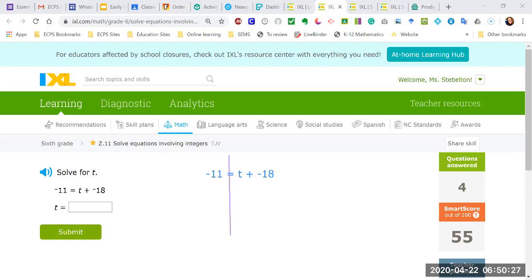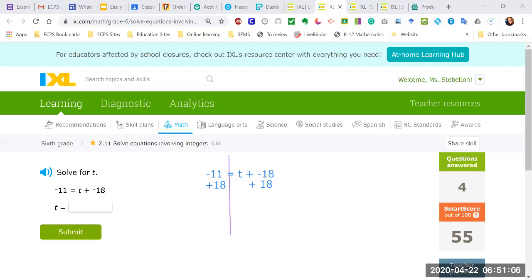To get rid of a negative, remember, any number and its opposite together equals 0. So we're going to add a positive 18, because negative 18 and positive 18 together give us 0. On the other side, we have to do the same thing, otherwise our equation is not balanced anymore. So we're going to do plus 18.